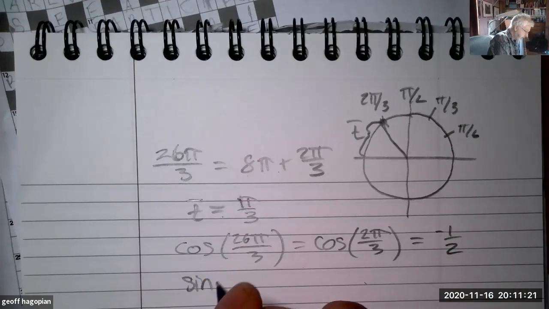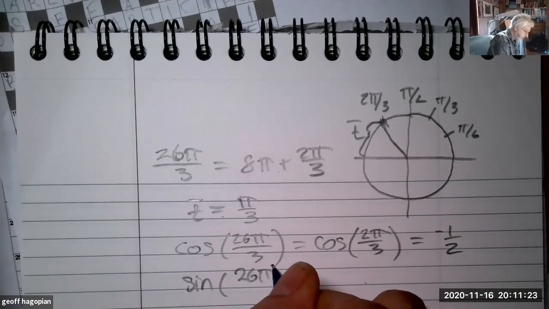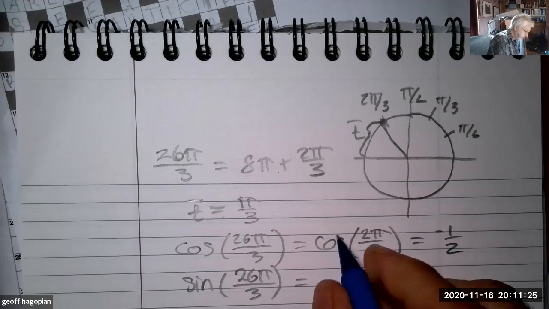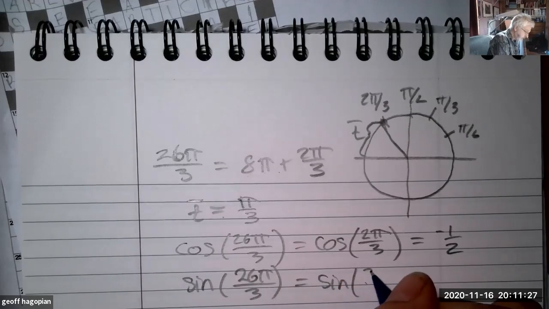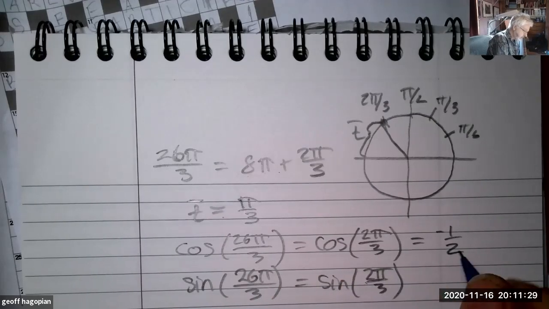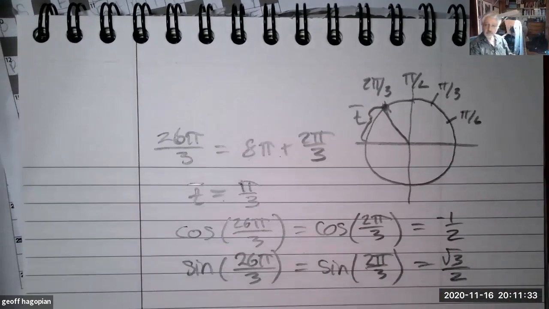And the sine of 26 pi over 3 is the same as the sine of the coterminal point, which is positive square root of 3 over 2. So what good is the reference number here? Basically, it says if I were in the first quadrant, I'd be at positive 1/2, square root of 3 over 2 for x and y. But I'm in the second quadrant, so I know x is negative and y is positive. That's the way they encourage you to think about this.